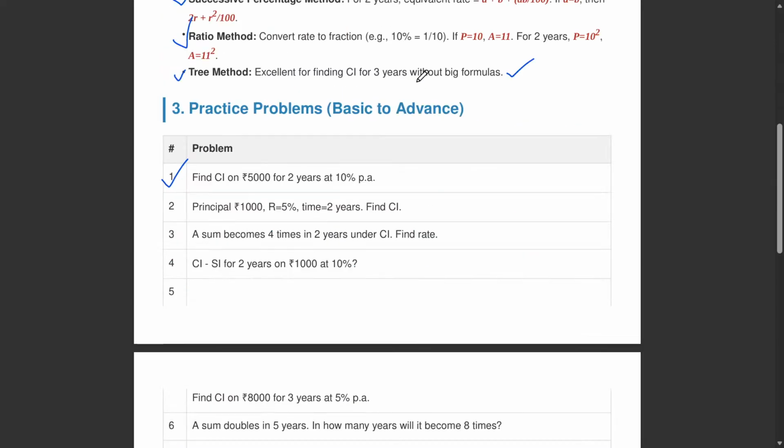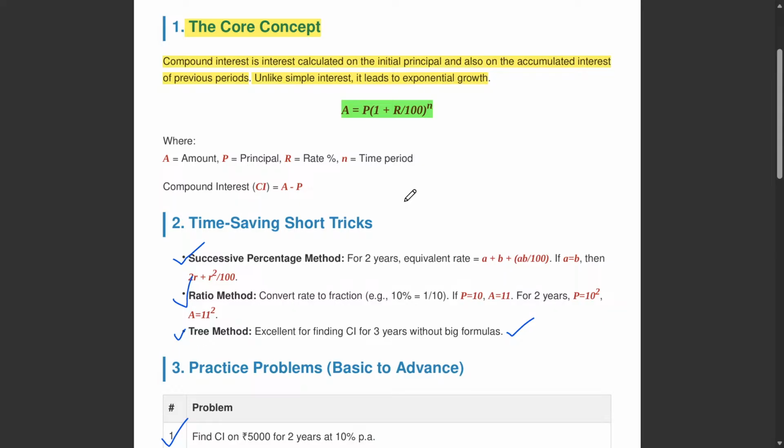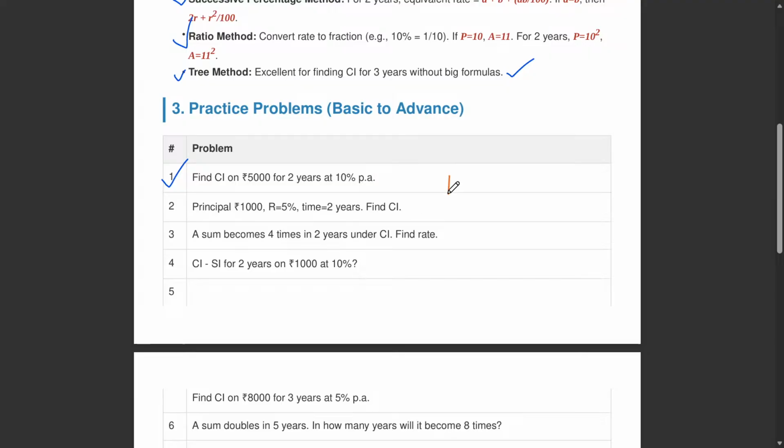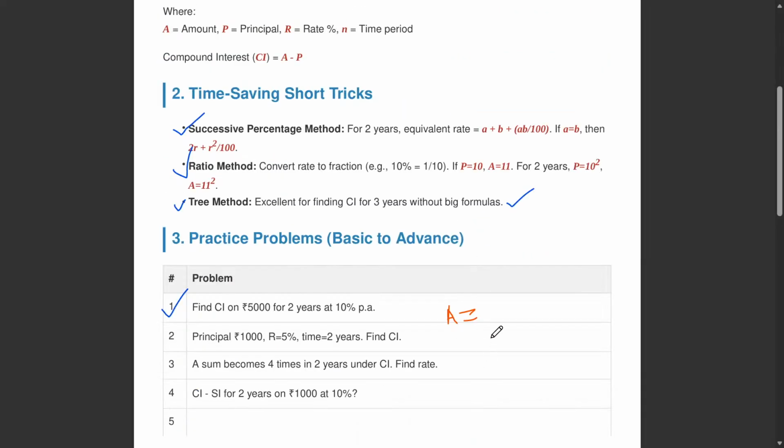So that is the formula. CI equals amount minus principal. So what is the formula of amount? A equals P into (1 plus R by 100) whole to the power N. P means 5,000 rupees.